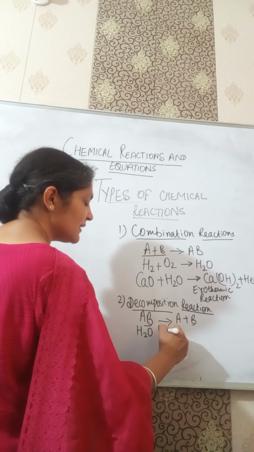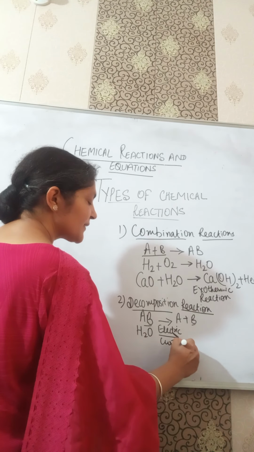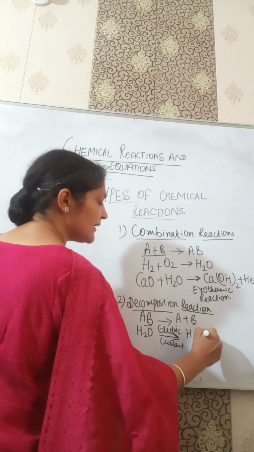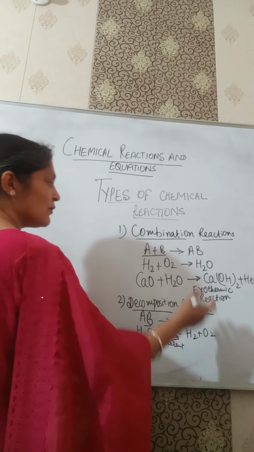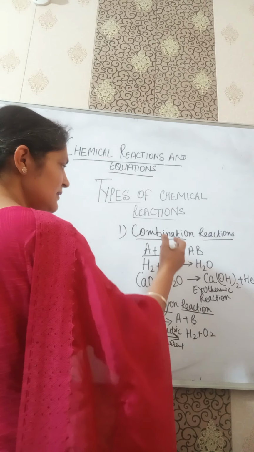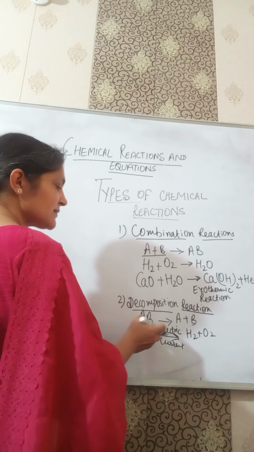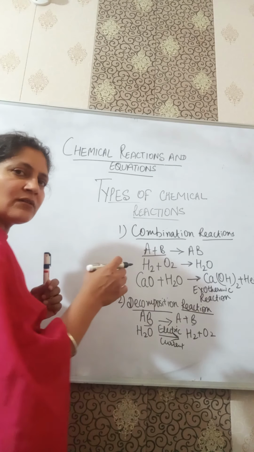When we pass electric current through water, we will get hydrogen and oxygen. It is opposite to the combination reaction, in which hydrogen and oxygen combine to form water, and in decomposition, water is converted into hydrogen and oxygen.